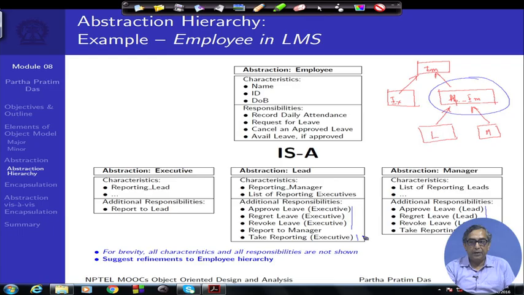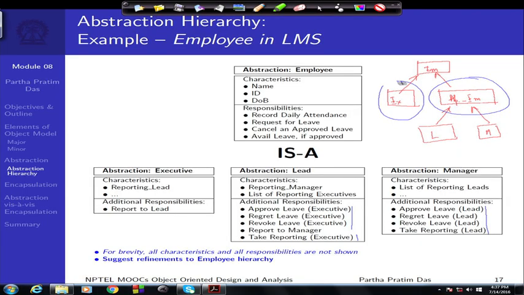Therefore, I can think of another abstract concept: all those employees who can approve leave for someone else. Executives do not fall in that category, because they cannot approve leave for others. So, they separate out, but here I have another abstraction of approving employees who specialize into the next level of hierarchy, either leads or managers.